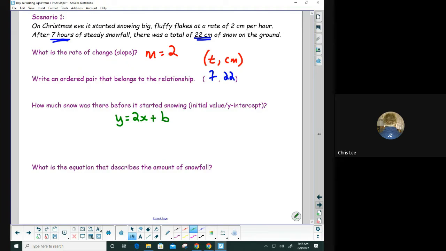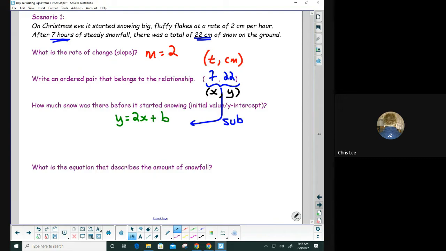Just like you did, I'm figuring it out by using the coordinate. We're going to take this coordinate and sub it in. Sub it in means substitute it in. Put those values for x and y into the equation. Which of those numbers is the x, the 7 or the 22? Right. Remember, it goes x, then y.